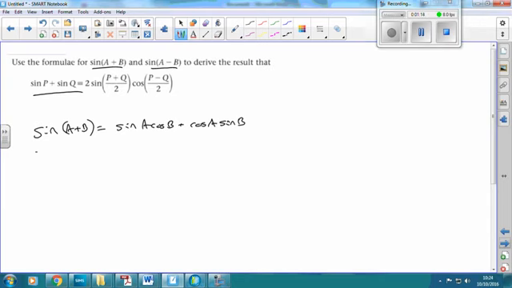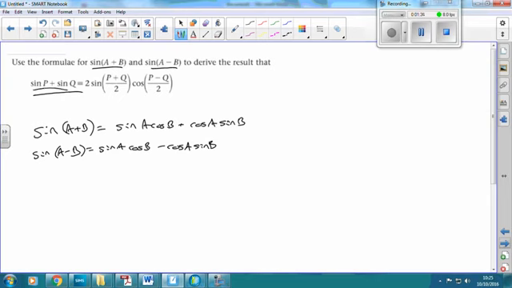And then sine of a minus b equals sine a cos b minus cos a sine b. Now, very often in recent years, Edexcel have said that you have to prove stuff, and I haven't seen them ask you to prove this.